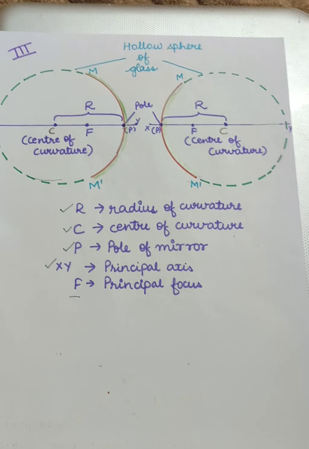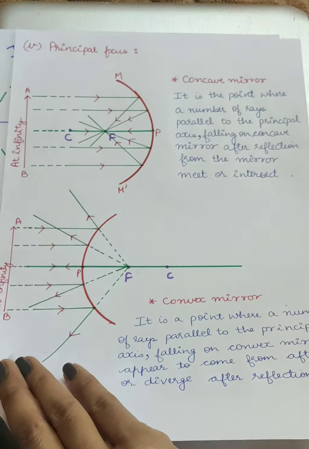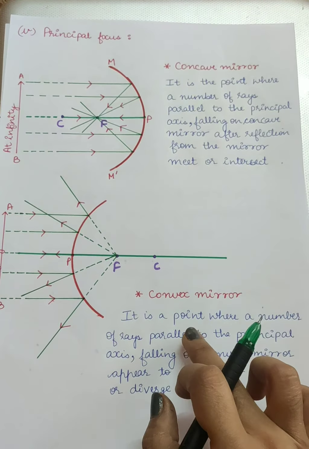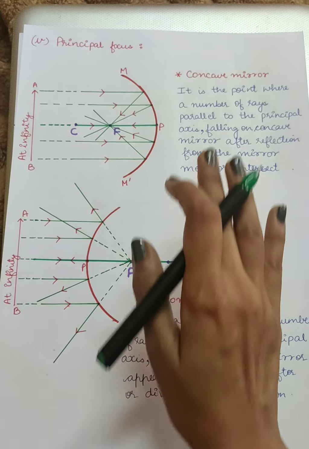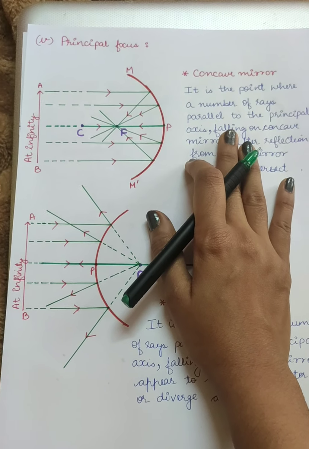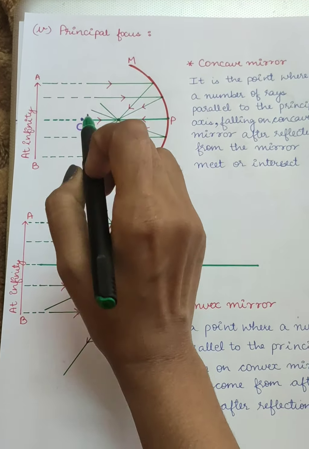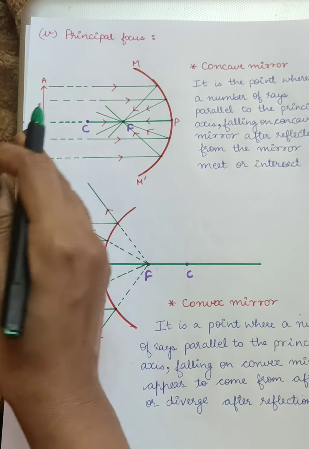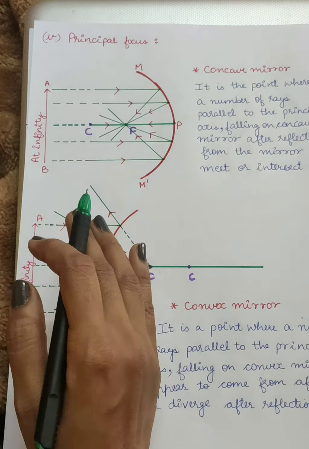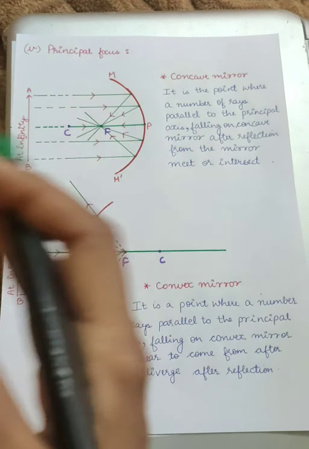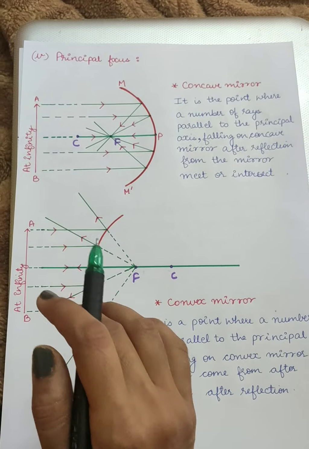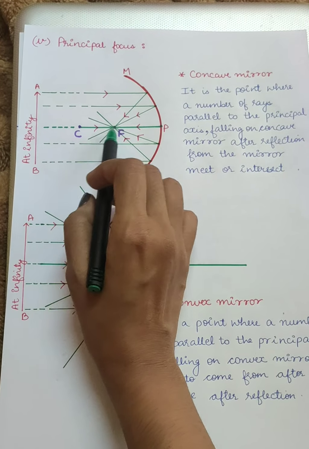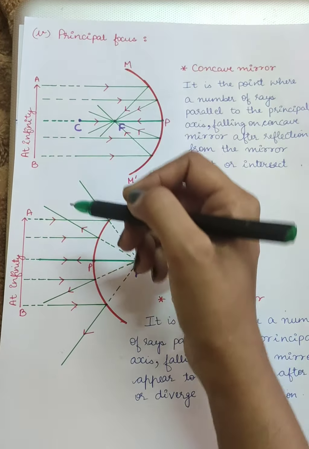Now in order to understand this, we need to take the cases of both the mirrors differently. First of all, talking about concave mirror and then convex mirror. I'll give you an idea before we go on to the definition. See dear students, in case of a concave mirror, if we consider a number of parallel rays, when we have an object at infinity, which means the object is quite far away from the mirror, then we suppose that the rays of light coming from the object are parallel to the principal axis as well as parallel to each other.